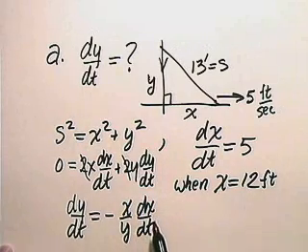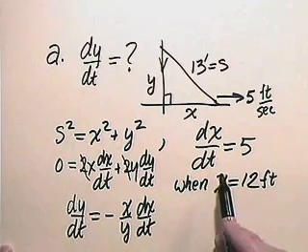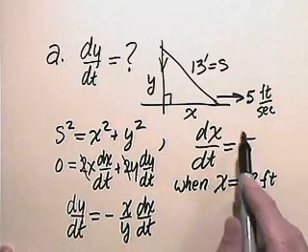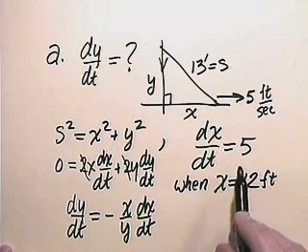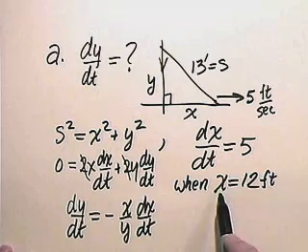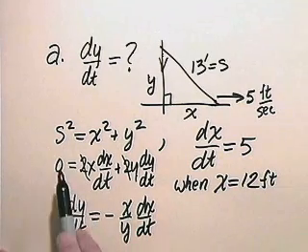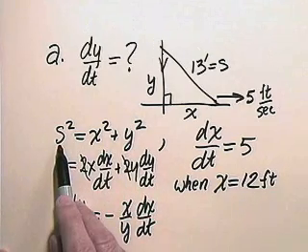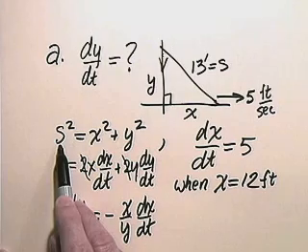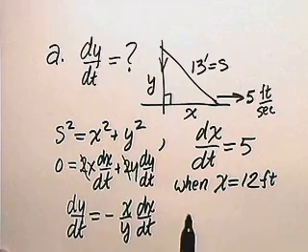Consequently, what we're interested in is what dy/dt is exactly, and what we know is that dx/dt is 5. It's moving to the right, so x is increasing, and therefore that's a plus 5. We're interested in what dy/dt is when x equals 12 feet. Well, notice we also have to know y, and y hasn't been given to us. But remember, this original equation that we differentiated has on the left S, which is 13, x, which is 12, and so we can solve it for y.